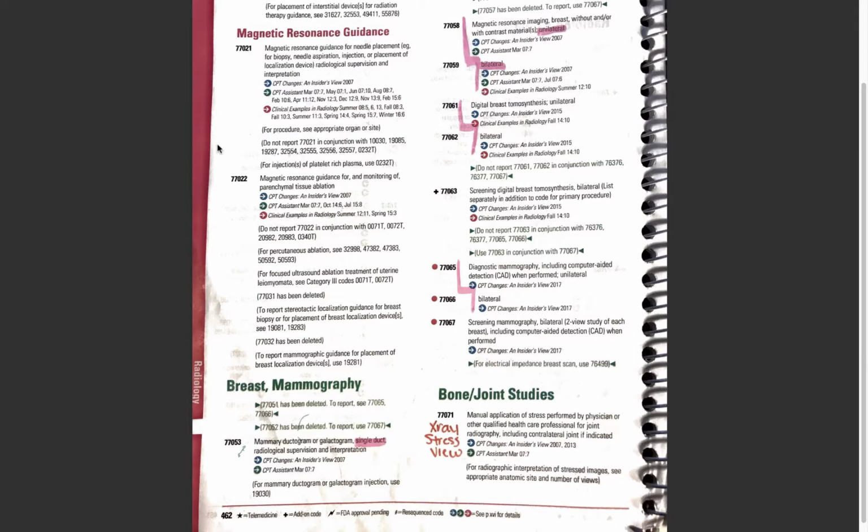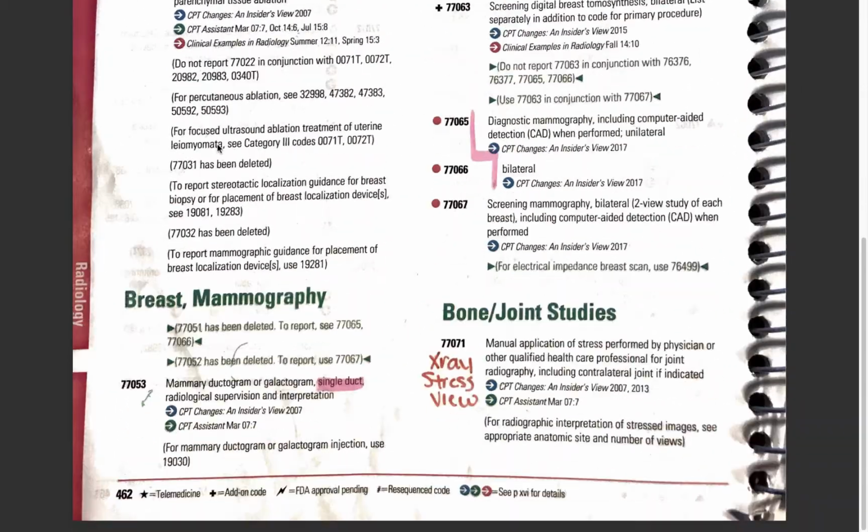And then under bone and joint studies, you have manual application of stress performed by a physician or other qualified healthcare professional for joint x-ray radiography. This is when they're doing an x-ray and they're actually manually putting stress on the joint. You will code 77071 in addition to the x-ray code.